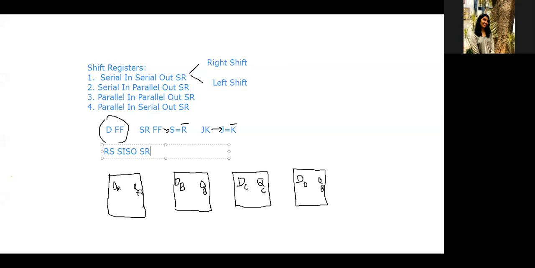If you want to use this as a right shift, serial in, serial out shift register, I already explained where we connect the input. We apply the input signal across DA, and you need to connect QA with DB, QB with DC, QC with DD, and you have to extract the output across QD.